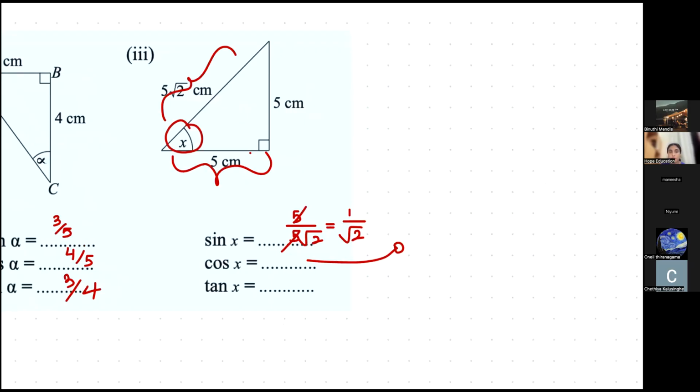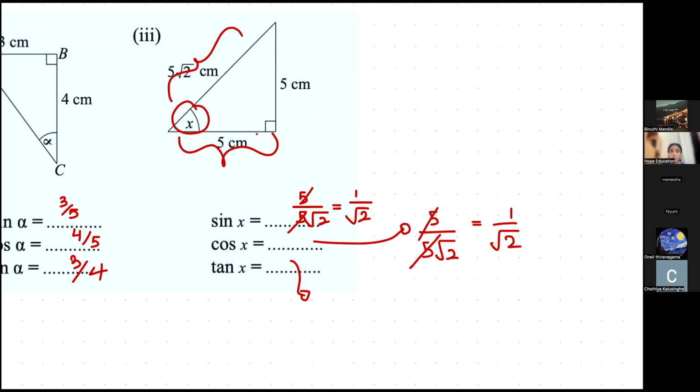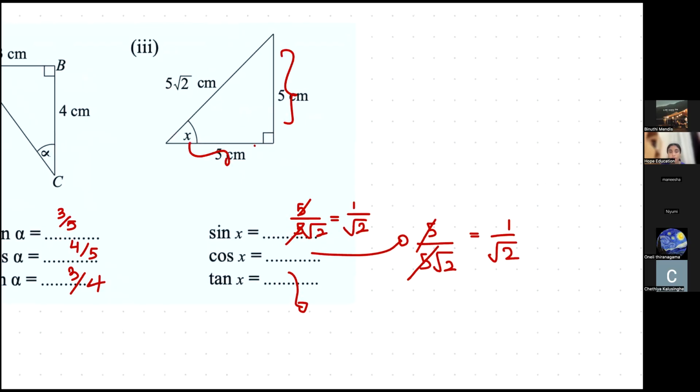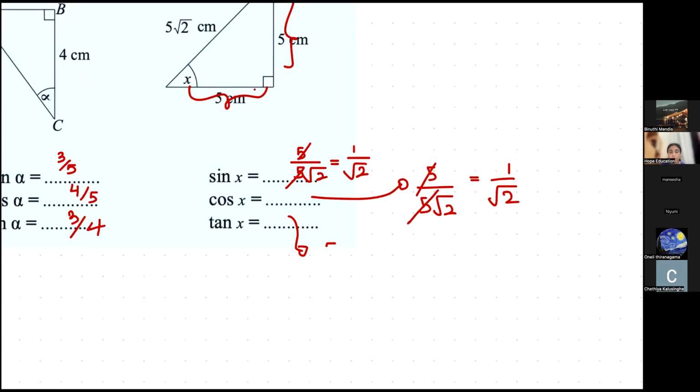Adjacent side is 5 centimeters, hypotenuse is again 5 root 2. Again the 5 cancels. You get 1 over root 2. Then tan x is opposite side over adjacent side. That means 5 divided by 5. So the answer is 1. Did you all get these answers?